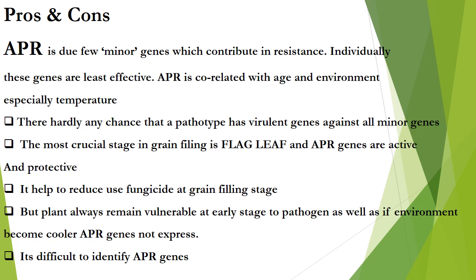That is one of the disadvantages associated with adult plant resistance. Similarly, because the contribution of each gene is minor, it is very difficult to locate a plant where adult plant resistance is expressing itself, unlike seedling resistance. So practically, it is very difficult to identify the plant where the resistance is due to the contribution of adult plant resistance.